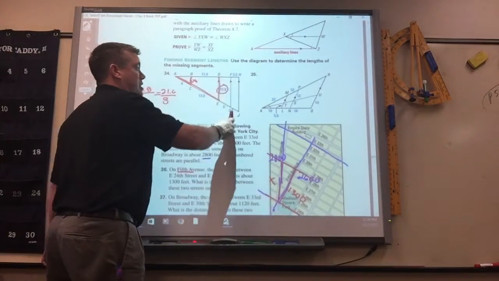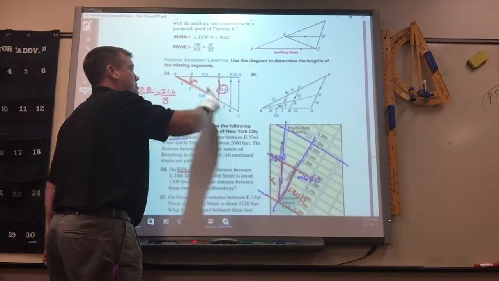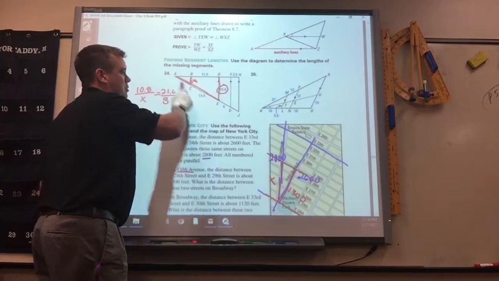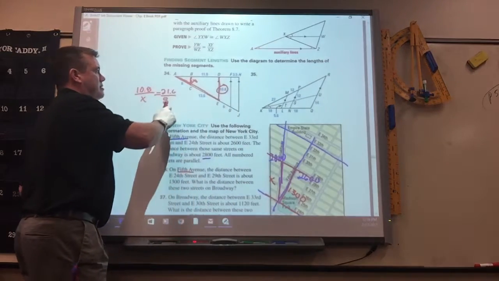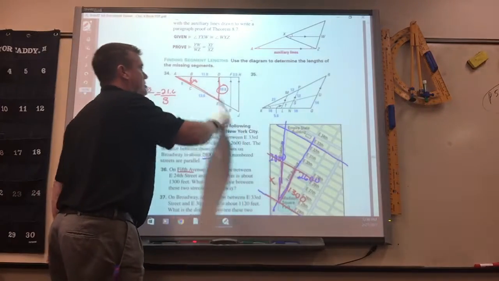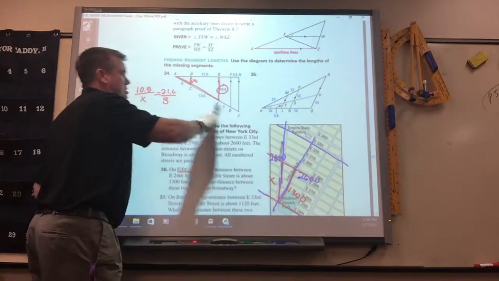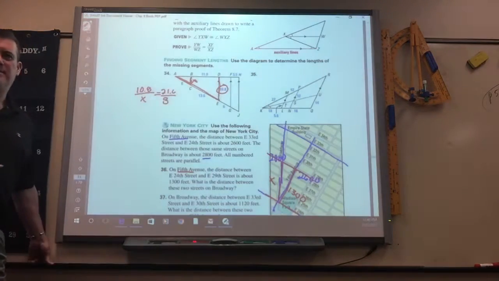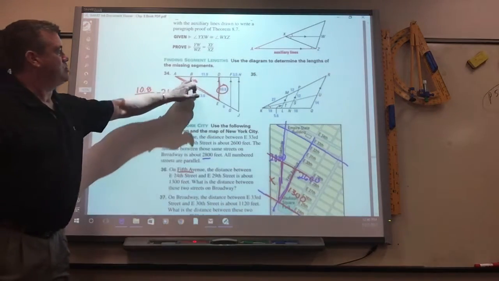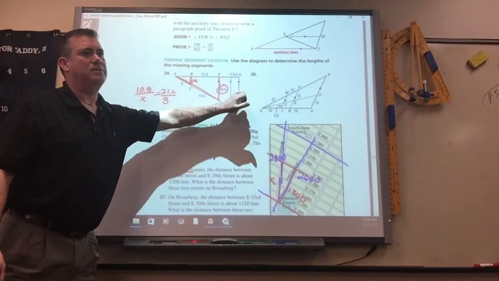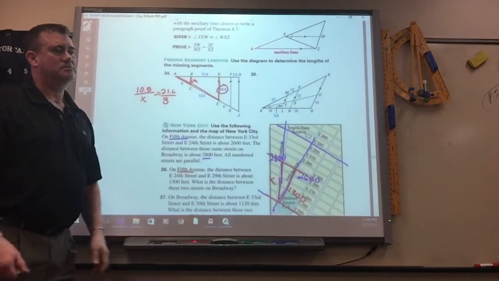Then when you do this, you got to do the same thing. This to the x equals this whole side to 8. And then this to x, because now you know what it is, equals this whole side to 8. So you got to find this one before you can find that one and that one. This will be the last one you find.